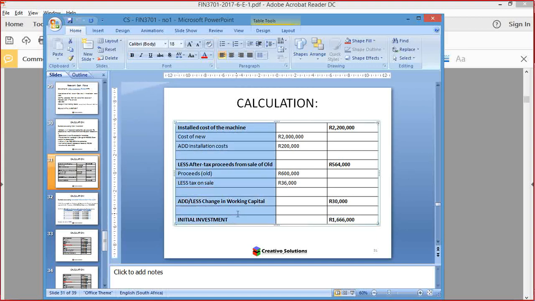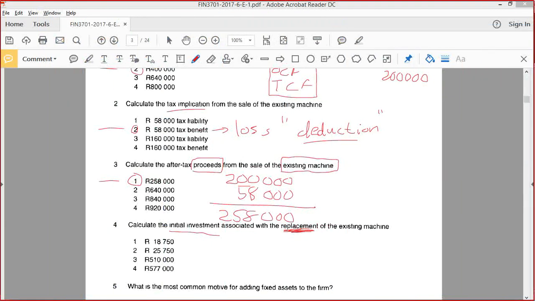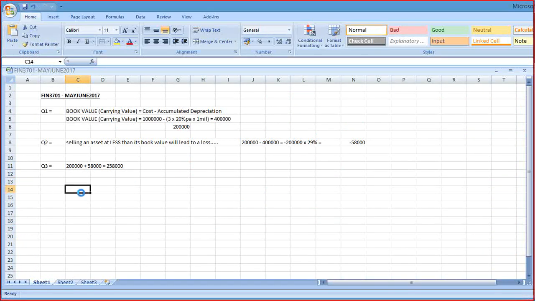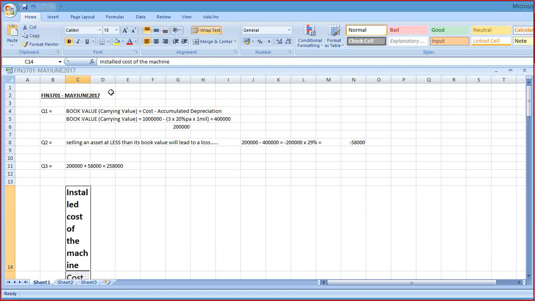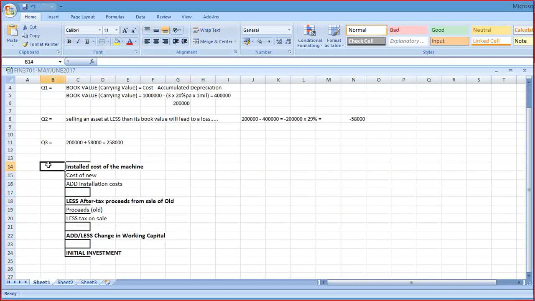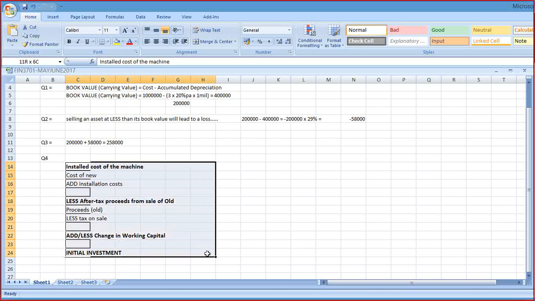So this is what I'm going to be requiring. I'm going to copy it and pull that through to our working, because that's what I'm going to be calculating here. It's the initial investment. That's the correct approach when looking at a question like this one. Copy paste the formula. This is for question 4, and then I need to fill in the blanks.